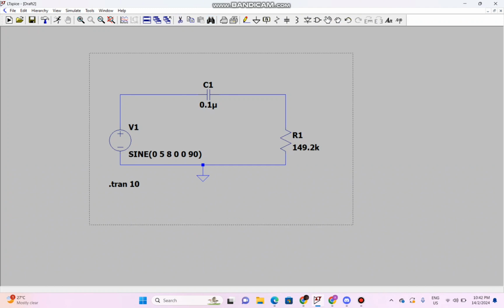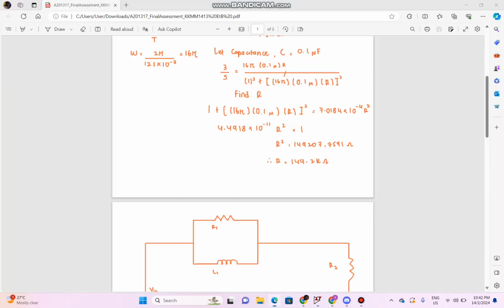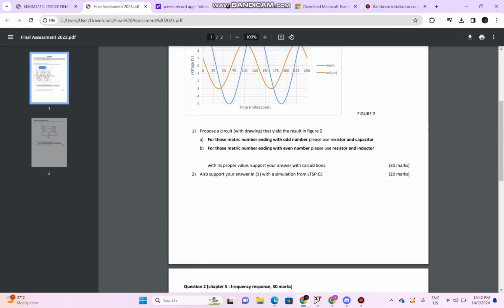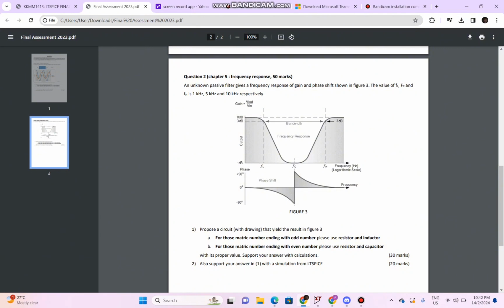Let's dive into question number 2. Chapter 5, Frequency Response. It gives us this figure 3, which is a band pass filter. The idea is that it allows low frequency and high frequency, and it blocks the medium frequency.